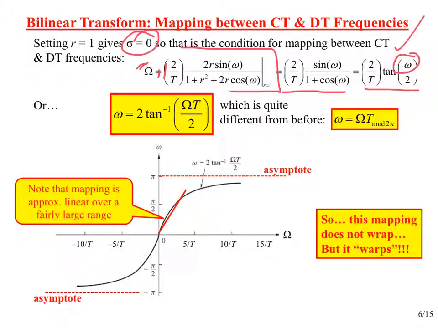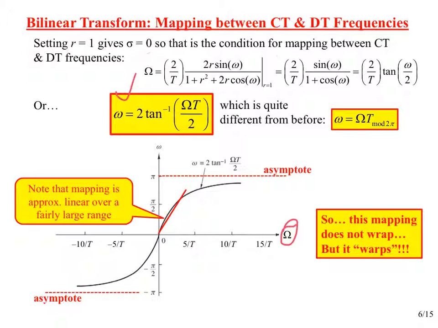But later we'll see that we don't really need to think about that as the true sampling rate of the used system. We can just think of it as something that we use along the way as a design parameter. And so if we look at a plot of this mapping, we've got omega here, and I've modified this a little bit from the version in the textbook.